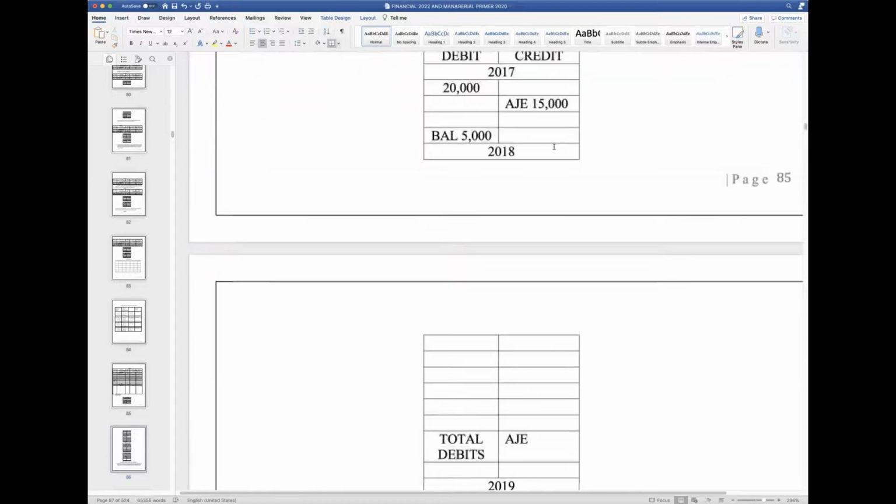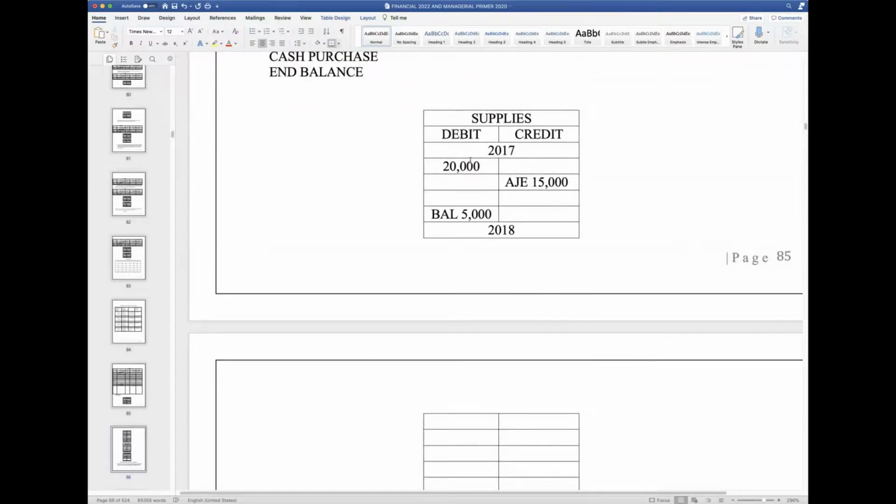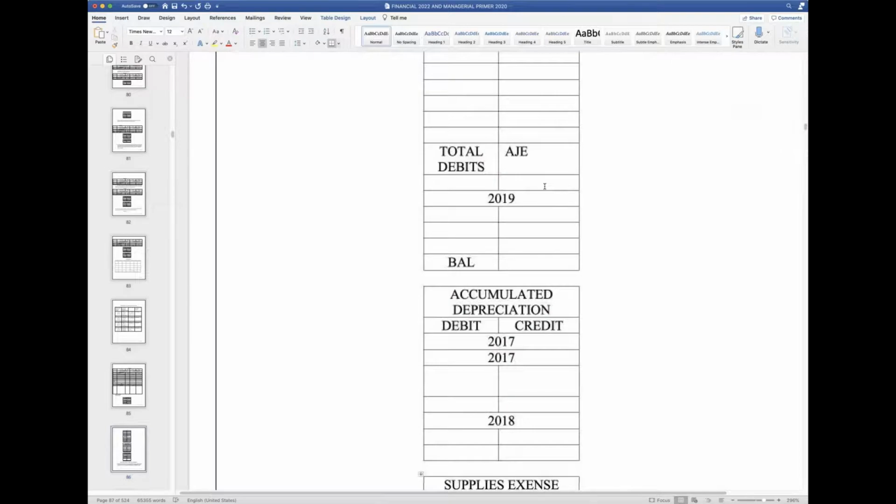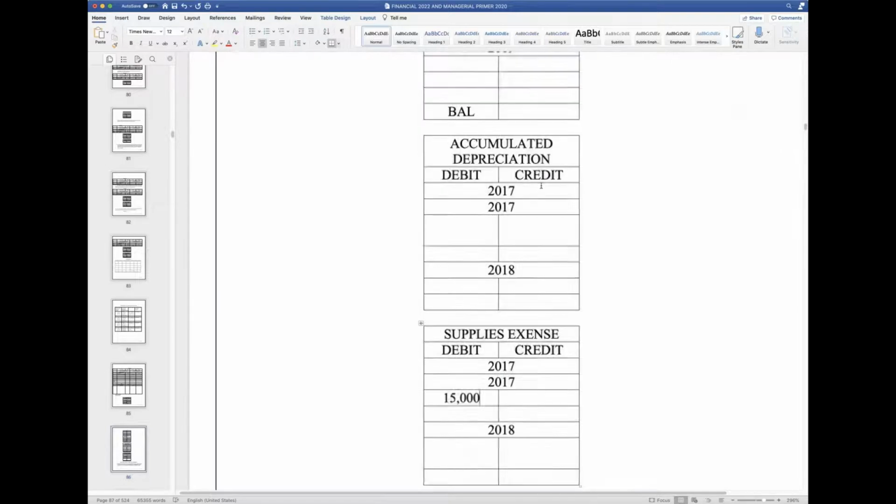You had $20,000 in supplies at the start of the period, 5 at the end. So you no longer have $20,000 in supplies, you have 5. And so 15,000 is the adjusting entry, and we put it in supplies expense.